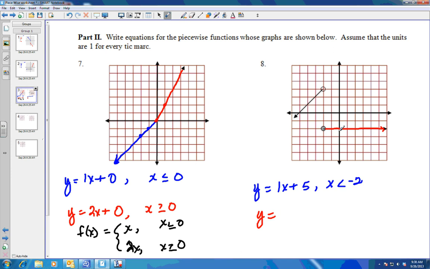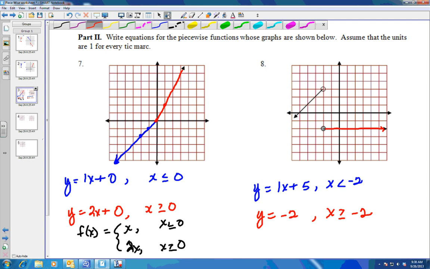Well, it's at negative 2. My y value is negative 2. And that's going to start at an x value of negative 2, and it's going to go to the right. So that's going to be x is greater than or equal to negative 2, equal to because it's shaded in, greater than because it's going to the right.